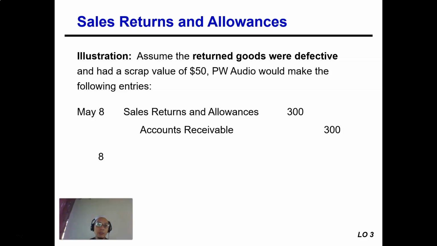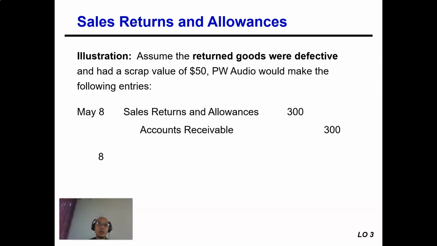The item has some errors. So we should not debit the same amount in our inventory. We are also given the information that it has a scrap value of 50, meaning that when we receive the item back from our customer, what we can obtain from it is only 50, not 140.